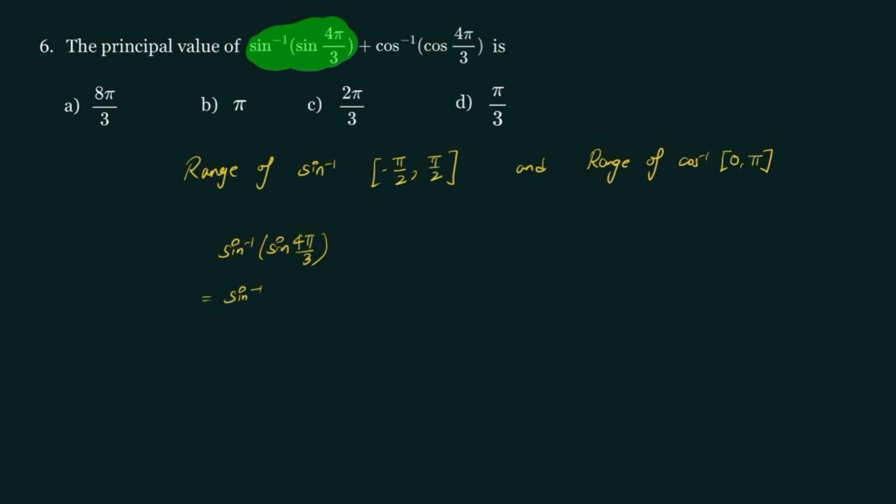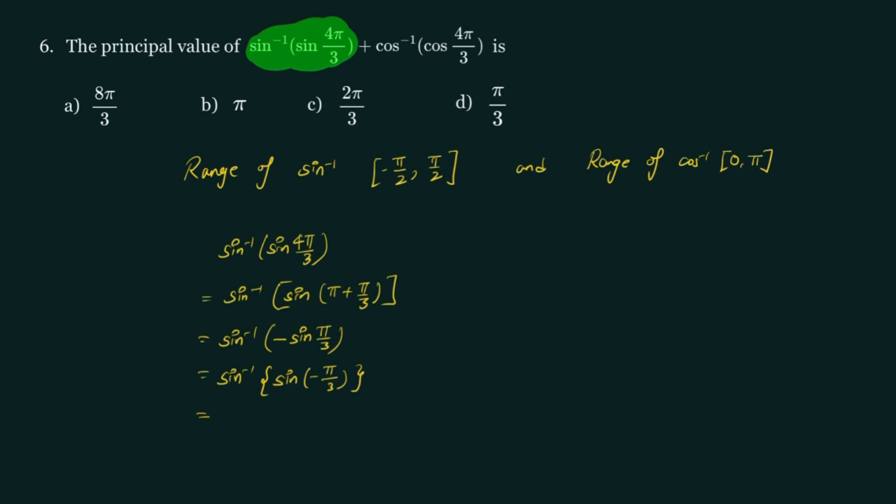So let me write sine 4 pi by 3 as sine of pi plus pi by 3, and the value of sine of pi plus theta is minus sine theta, so it will be minus sine pi by 3, and minus sine theta can be written as sine of minus theta, that means sine of minus pi by 3.